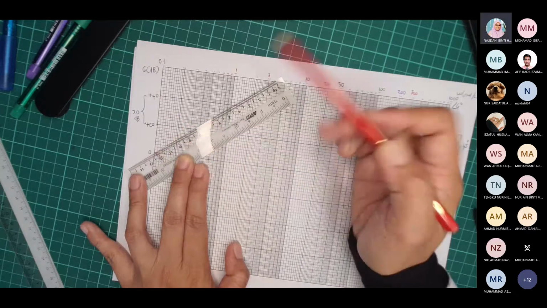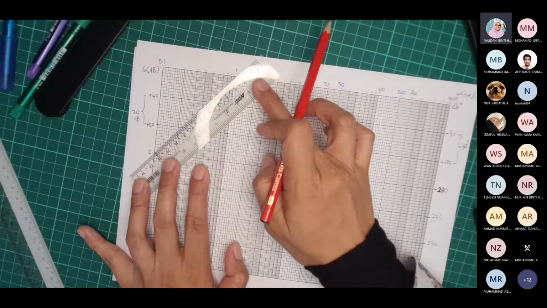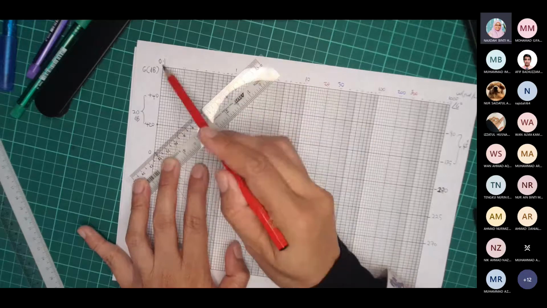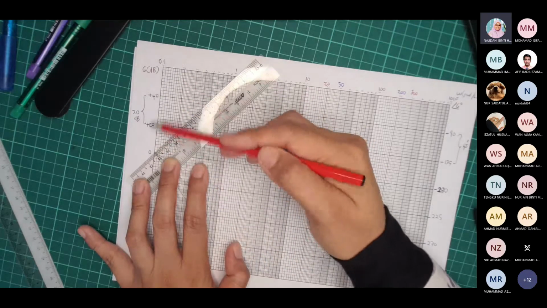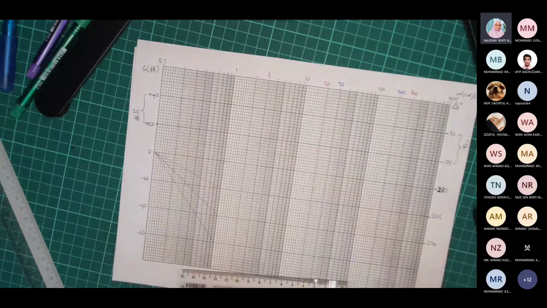And this one will be positive 60 dB per decade. It is for one decade, the value of Y magnitude is 60. Are you clear about that? There's the reference slope. Yes, madam. Okay, so make sure the reference slope is correct. If your reference slope is wrong, then your magnitude plot and phase plot will be wrong.